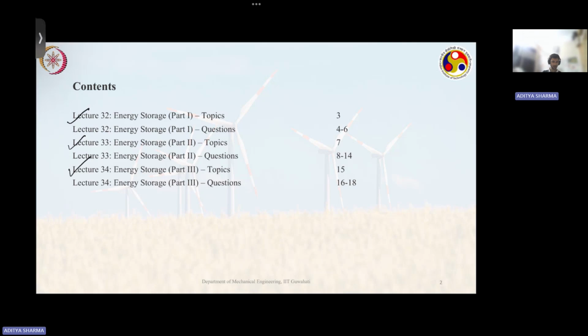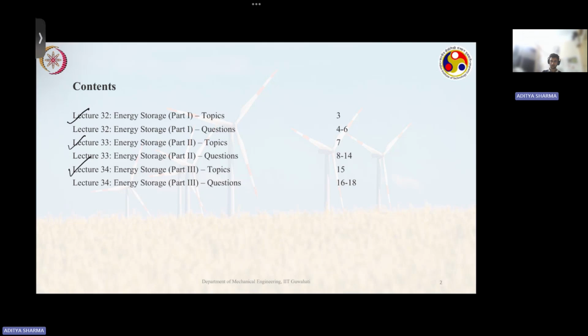Then in lecture 33 you focus on thermal storage systems, be it pressurized water sensible energy storage or latent heat energy storage.